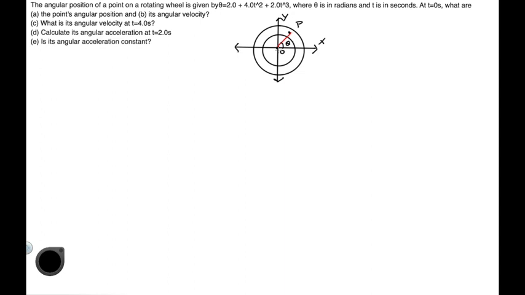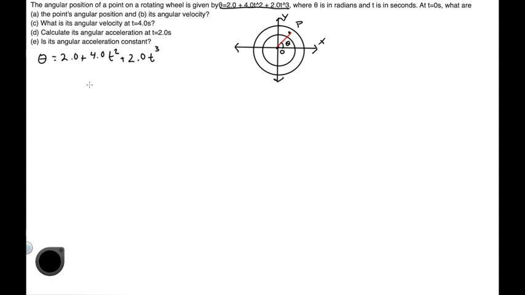Therefore we have a relationship between the angle and the time, and we describe this relationship as the function theta equals 2 plus 4t squared plus 2 times t to the third power. So let's go ahead and write that function down: 4t squared plus 2t to the third power.